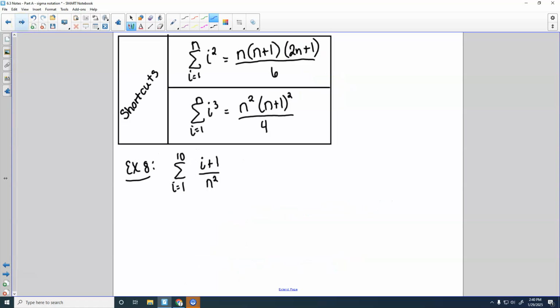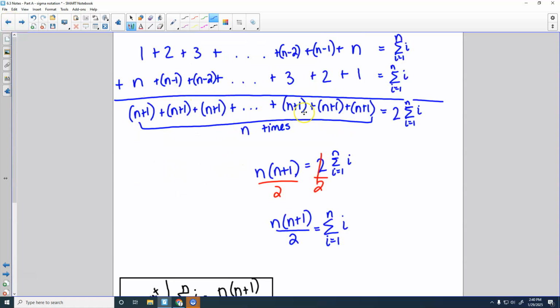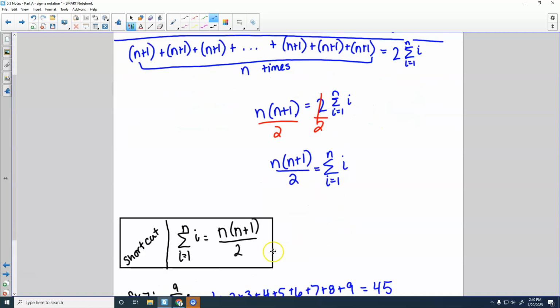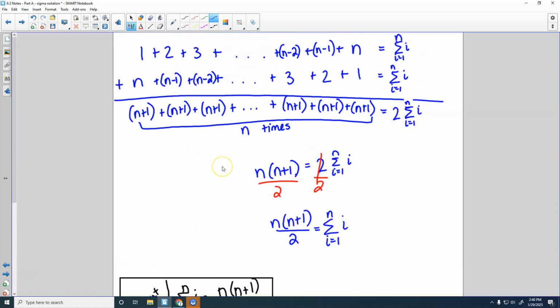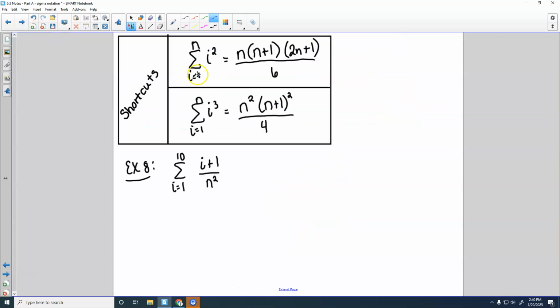Alright, there are 2 more shortcut rules. We are not going to go through deriving the shortcut rules because what I was doing here, if you decide to major in math in college, this is an example of some of the stuff that you'll talk about a whole lot. Rather than just saying, oh, here's the shortcut rules, yes, Miss Hyatt, I believe you, and I'm going to use it, if you major in math, a lot of what you do is reasoning through why things are the way they are, and you've got to prove that that's the case.